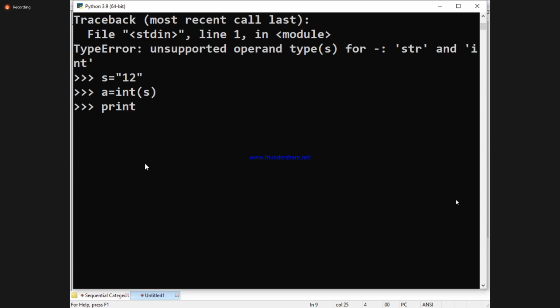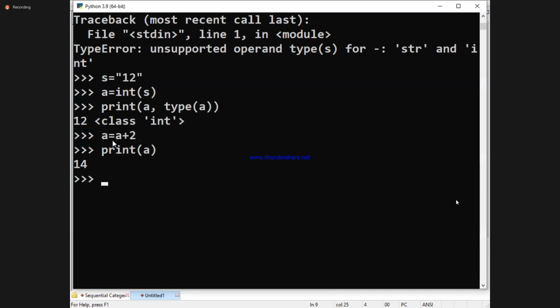Print of A, and type of A. A is equal to A plus 2. Print of A. What is the value of A? 14. If I say S is equal to S plus 2, you get an error. That's why to convert the string value into int value, I used the int function.